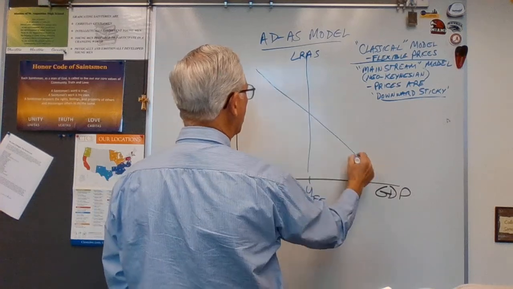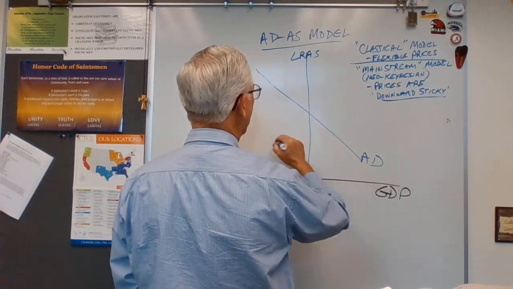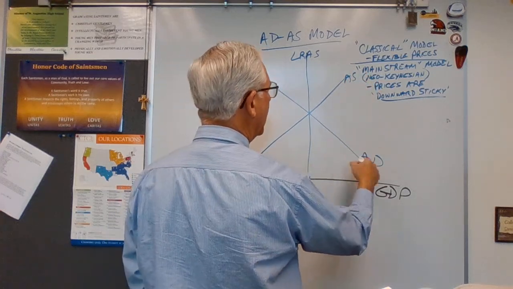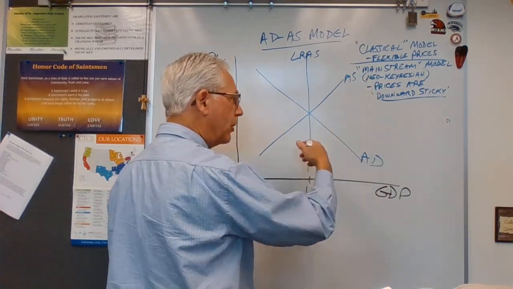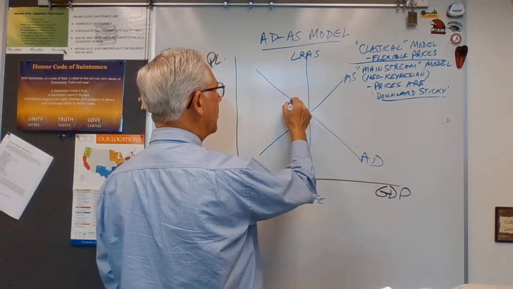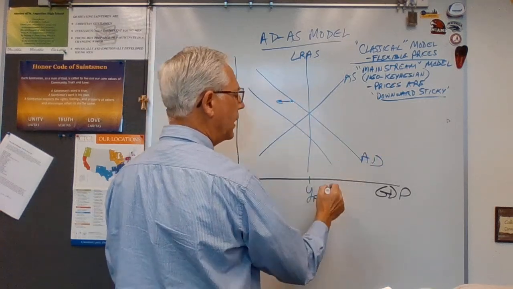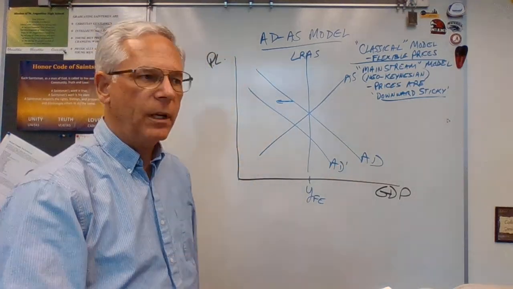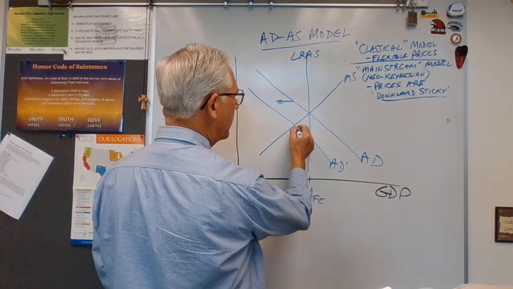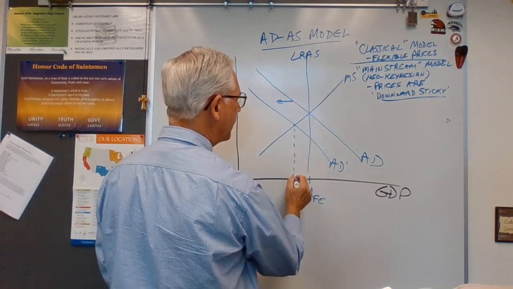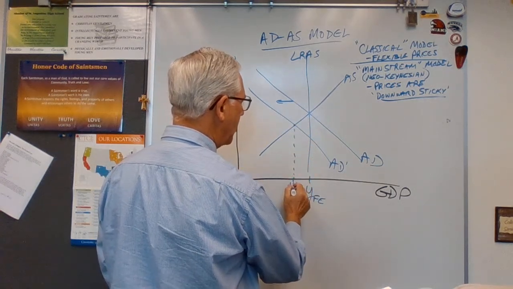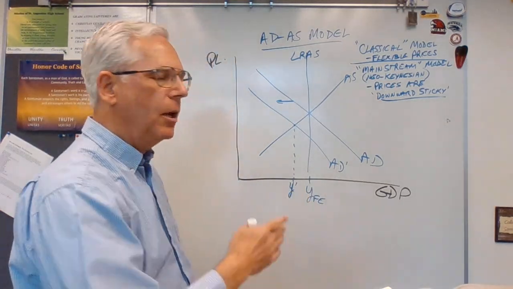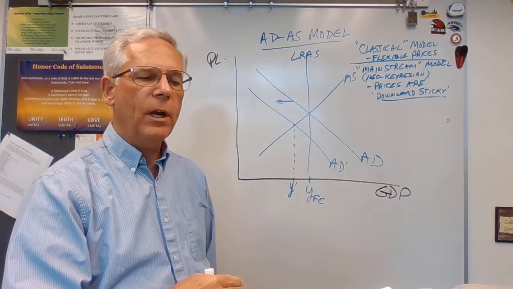And so there was the initial aggregate demand, and there was the initial aggregate supply, short run aggregate supply. And what happened to go into recession is that the aggregate demand curve fell to the left, to AD prime. In the classical explanation, once output moves to this point here, Y prime we'll call it, and we've got a lot of unemployment, we're in a recession, workers will work for lower wages.